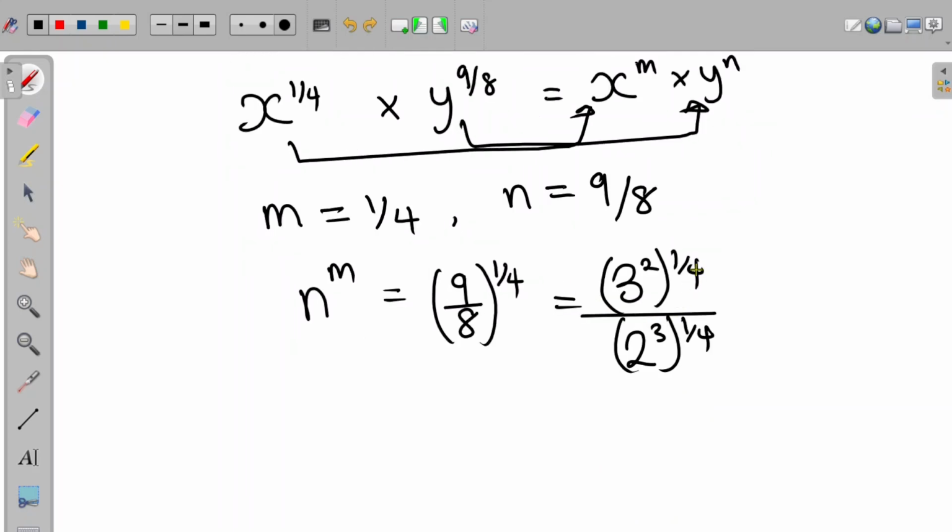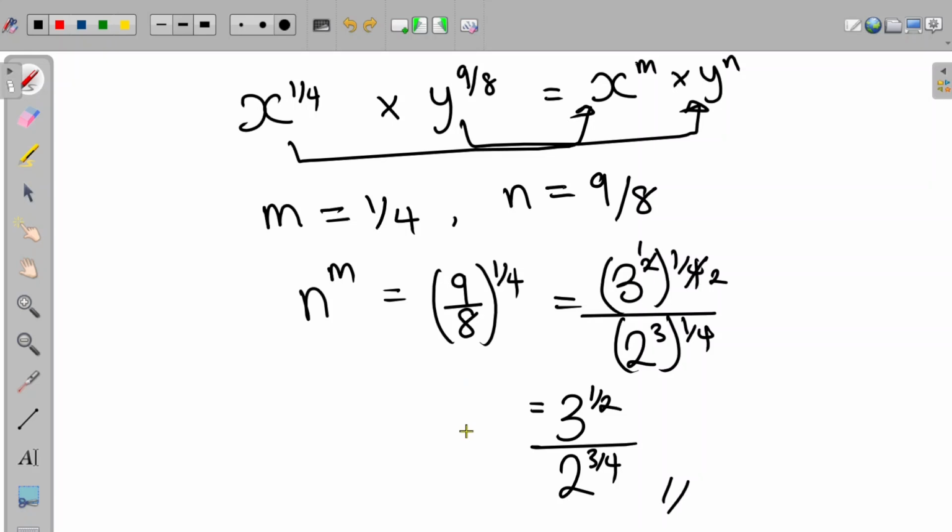At this point, 2 divides 4 to give 2, so the 2 cancels and we have 1. So this becomes 3 raised to the power of 1/2, and 3 times 1 is 3, so 2 raised to the power of 3/4.